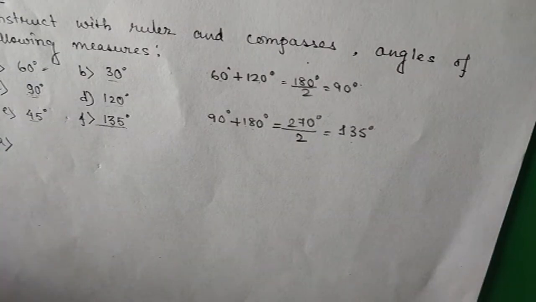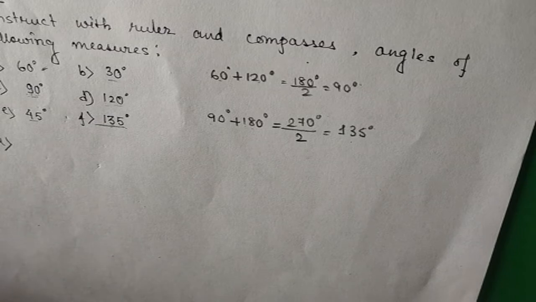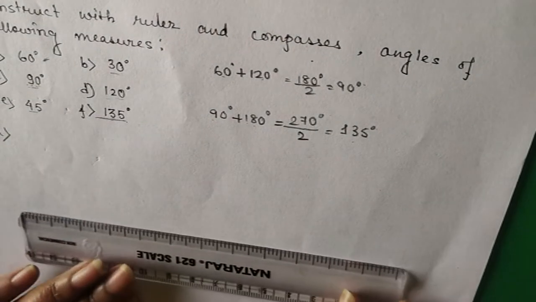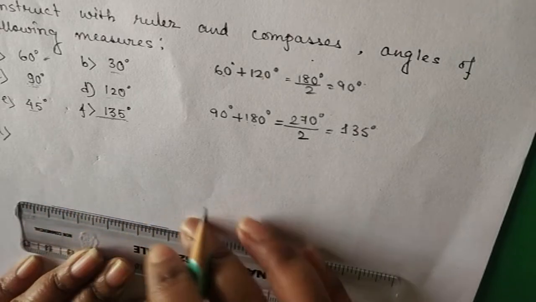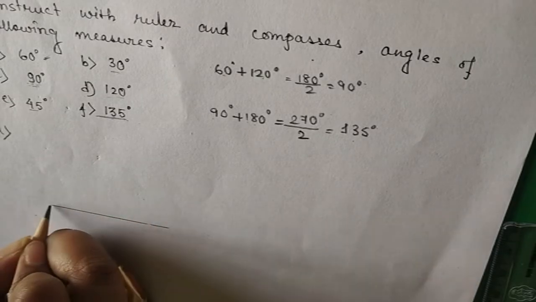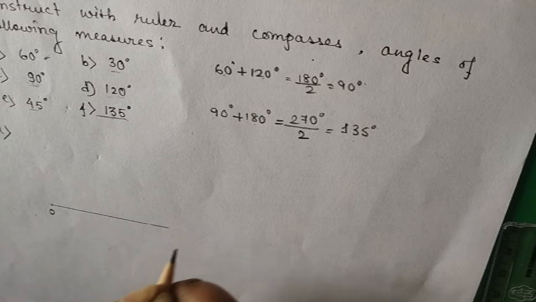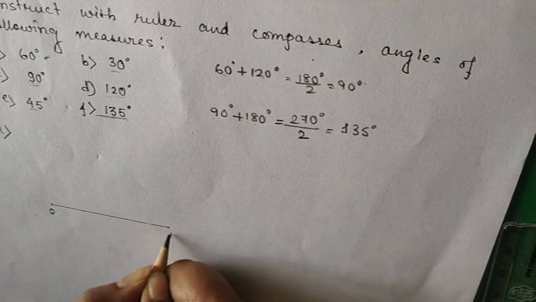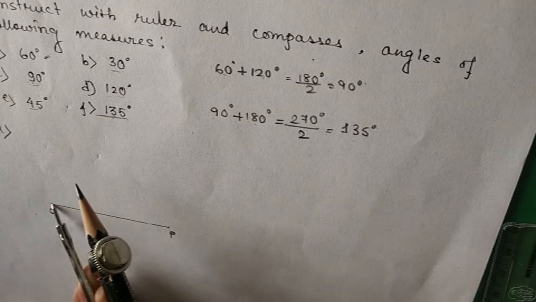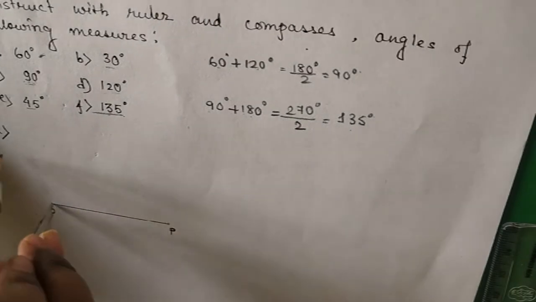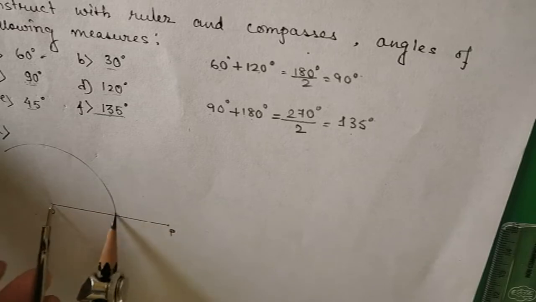Now at first we have 60 degree. So we will start with 60 degree. For this we will draw a line segment. See, this is point O and this is point P. Now we will draw the arc. We will take a convenient radius, and from point O we will draw an arc.